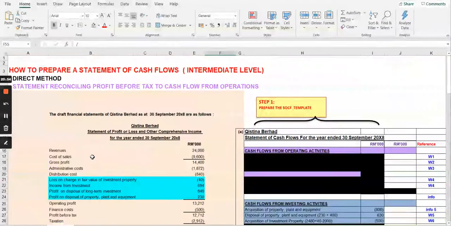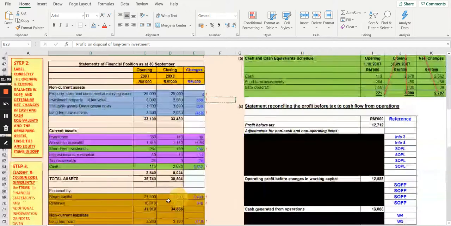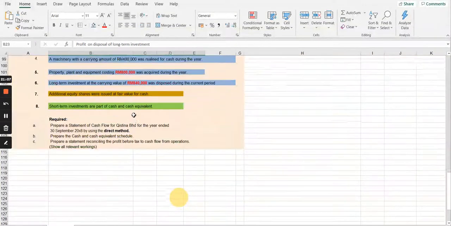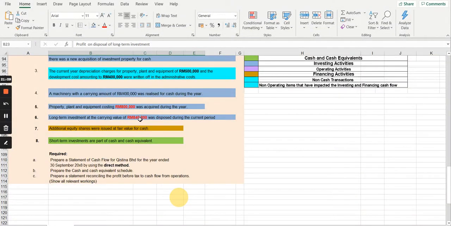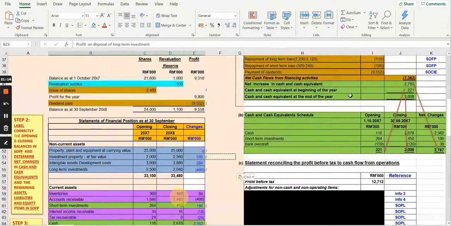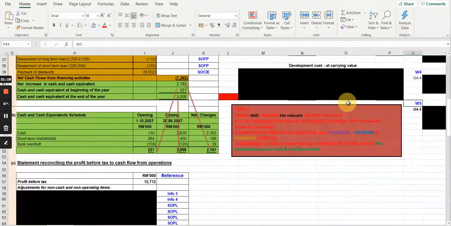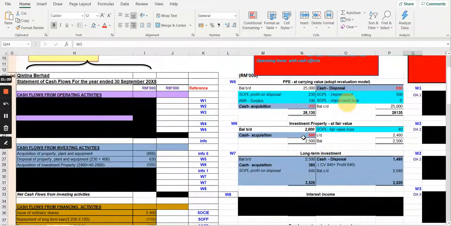To check that there is no depreciation because investment is not depreciated, but somehow you have the profit on long-term investment. So take that 640 and add to the carrying value of 840,000, and that one will be your cash inflow from the disposal of investment.